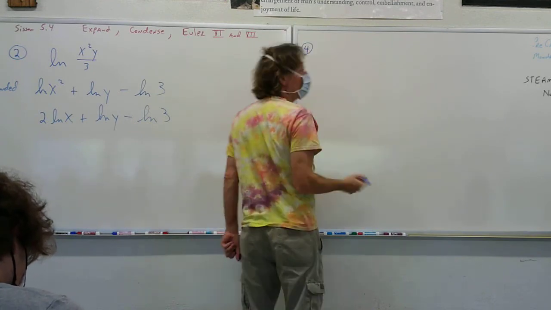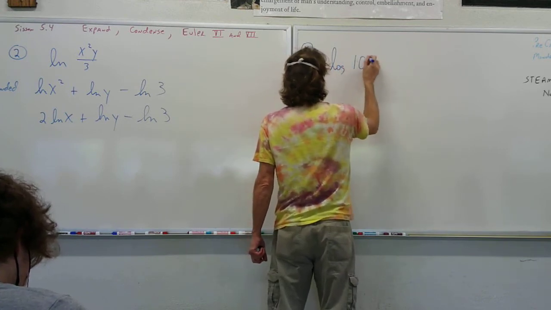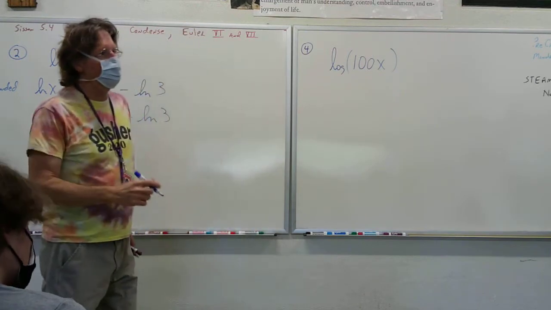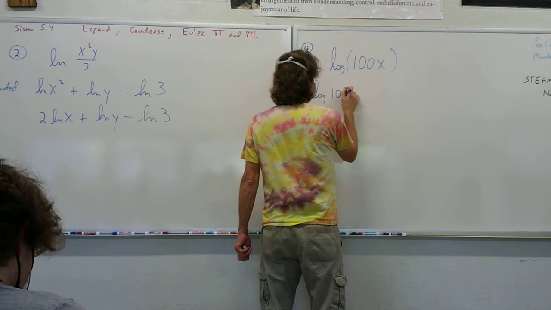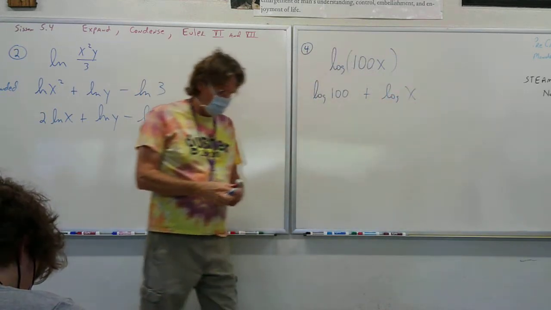Notice I'm just working through some of these to help you out. It's got log 100x. Folks, that's log of 100 plus log x. This is one your science teachers would like.